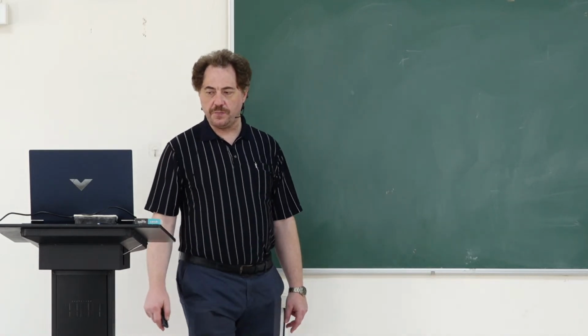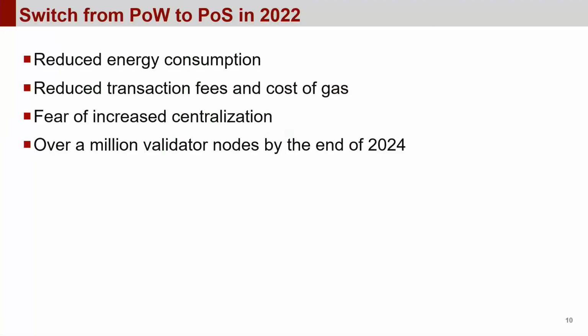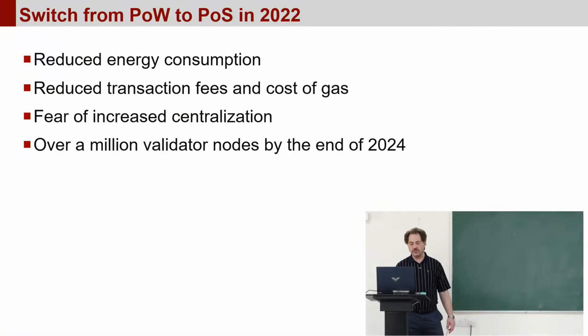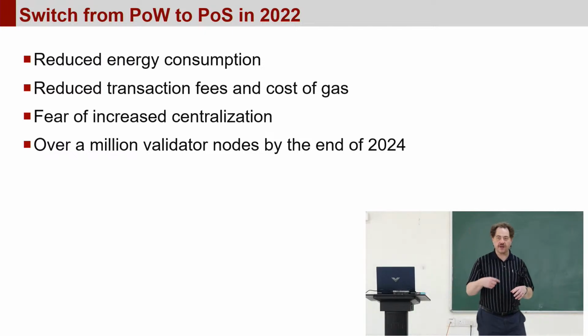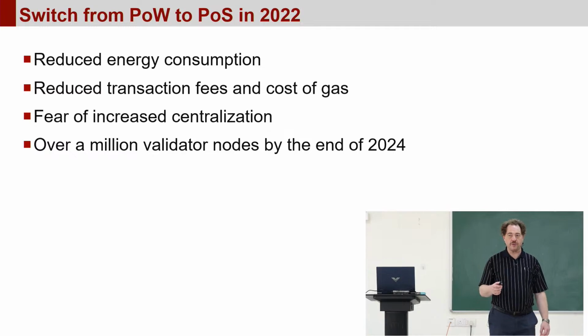So the switch from POW to POS in 2022 significantly reduced energy consumption, also reduced transaction fees and cost of gas, because now it's cheaper to execute transactions. There was a fear of increased centralization, because now, of course, not everyone gets to become a validator. You need to stake some amount.